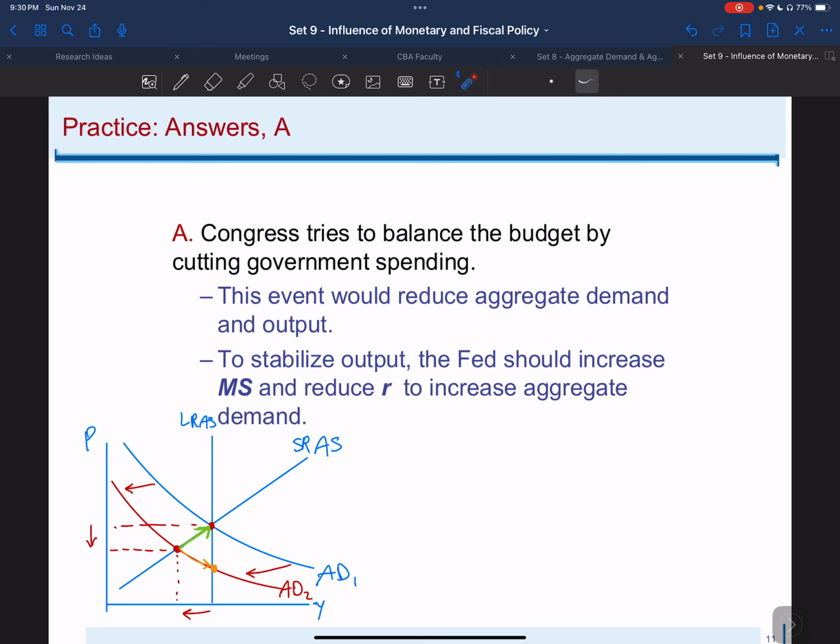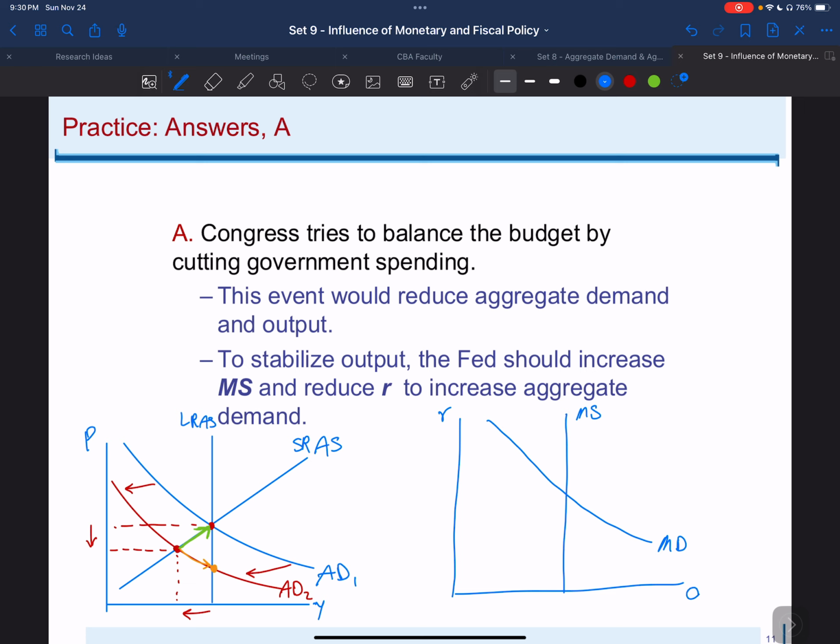Okay, so to stabilize the output, the Fed will increase the money supply. If we have the money demand and money supply, interest rate, and quantity of the money, they are going to increase the money supply. This will decrease the interest rate, okay?